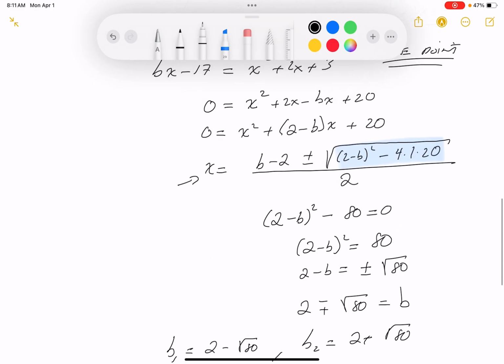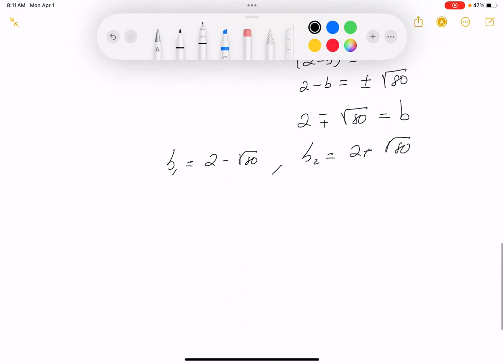Now, what was their question? Their question was to square those two numbers and add them together. Well, let's do that. So b1 squared plus b2 squared. Well, it's this thing squared. It's going to be 4 minus 4 root 80 plus 80. It's not so bad to do, right?